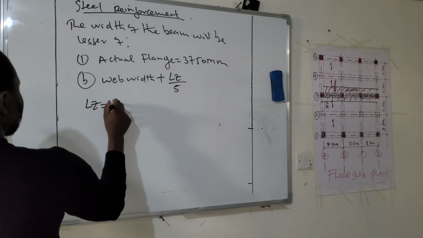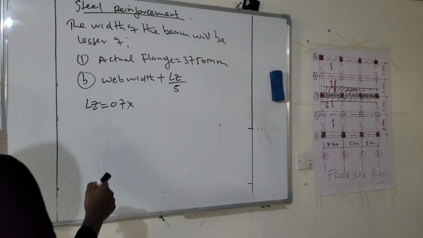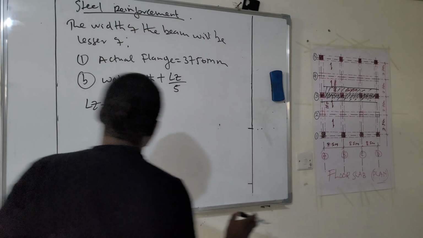Lz is equal to 0.7 times center to center distance, which is 8.5.